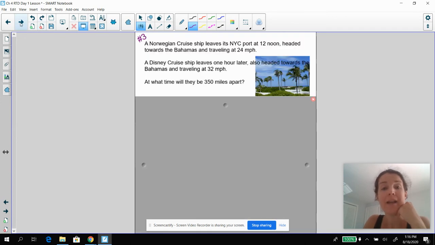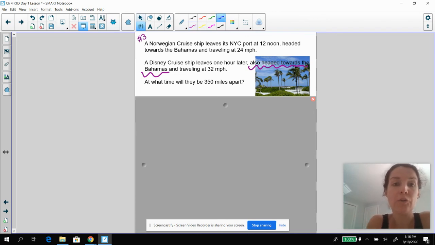And here is our last one. So this one is called a same direction problem. And the way you know it's a same direction problem is because you're given 2 pieces of information, right? And they are traveling in the same direction. So these guys are also headed towards the Bahamas. Now, if you think about it, we've got the Norwegian cruise line going a certain distance.